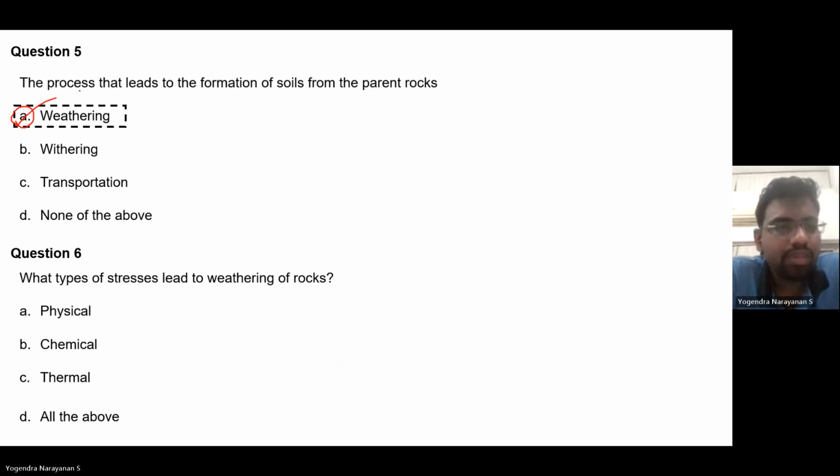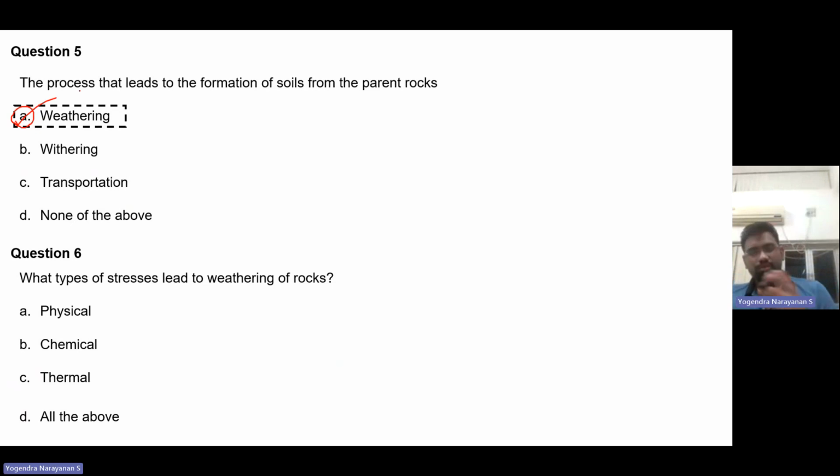So for this, I would like to give some more insights regarding the various aspects of weathering, how it is classified, and what types of processes fall under weathering, and how those processes have been classified.